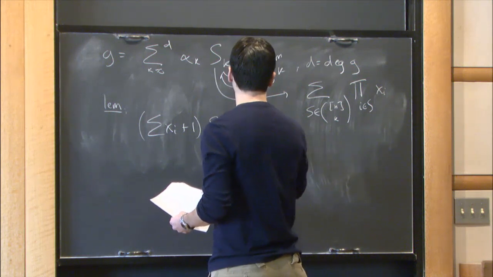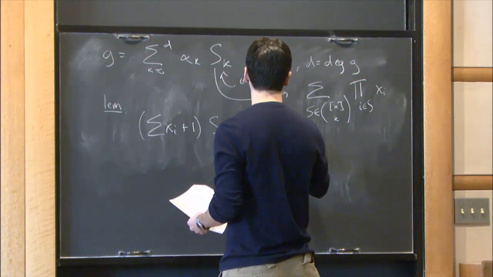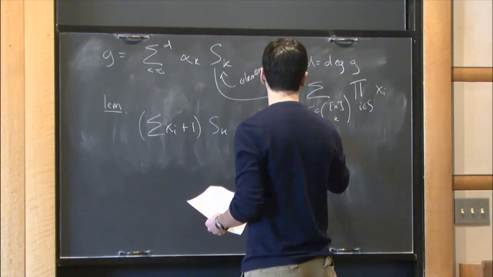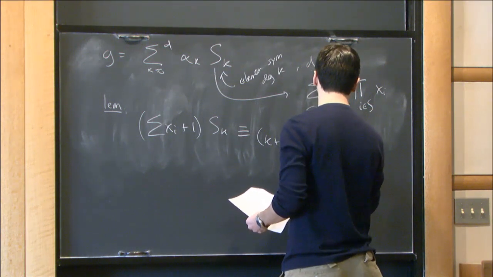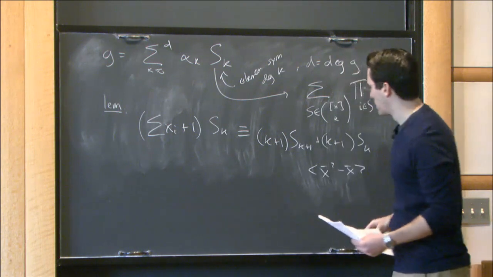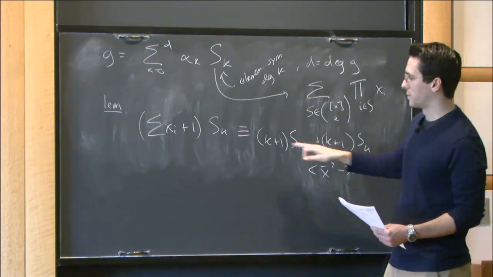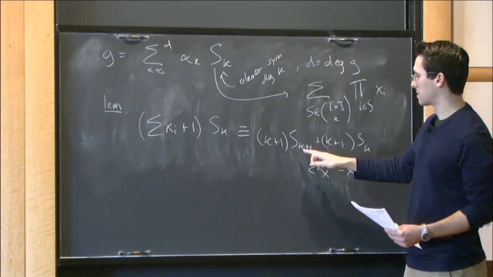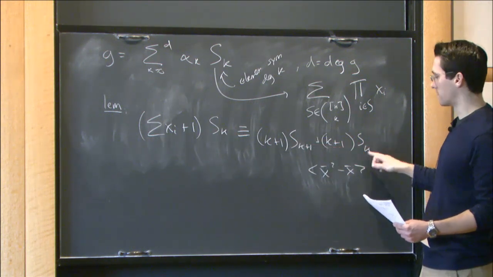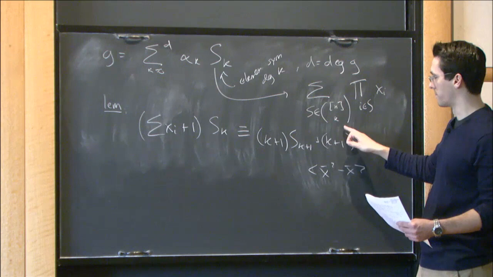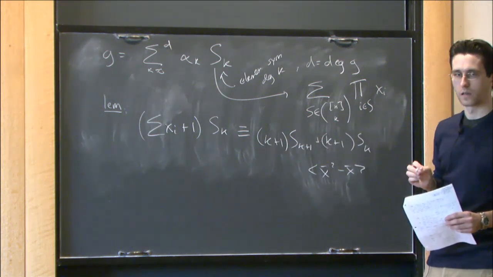And if you work it out, which I'm not going to do for you, you basically get the following: the unique multilinear polynomial agreeing with this polynomial is a linear combination of the (k+1)th elementary symmetric polynomial and s_k itself, with some coefficients and so on.